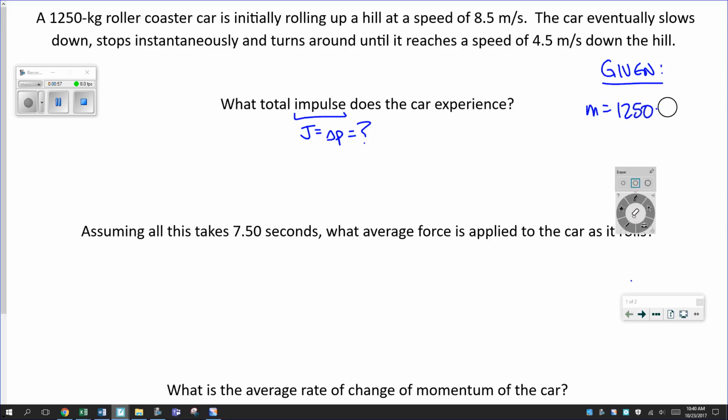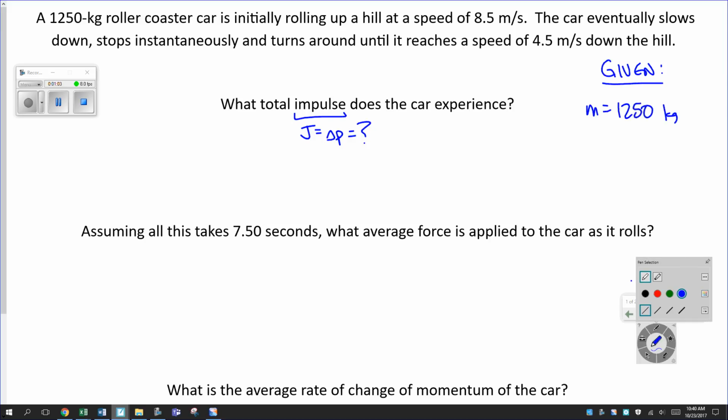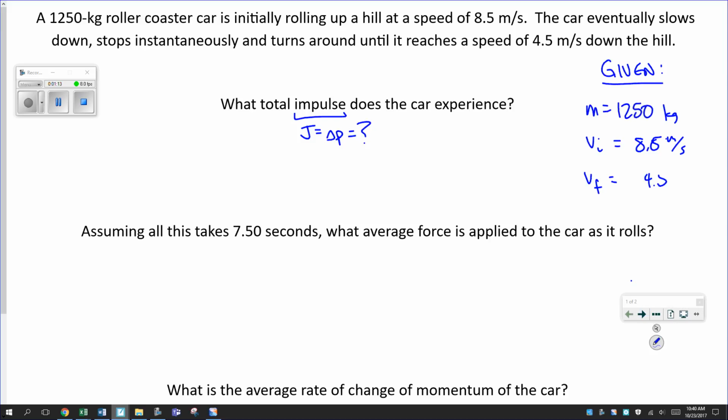I'll just write kilograms. Now, rolling up the hill at one speed, 8.5 meters per second. Rolling down the hill later at this speed.